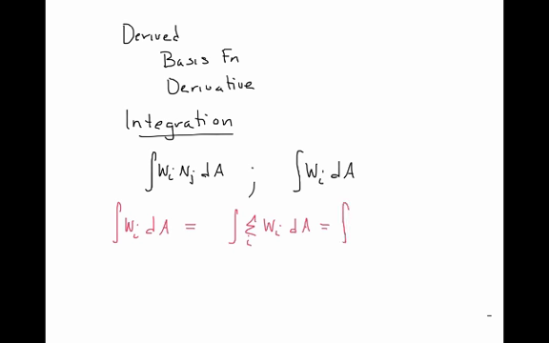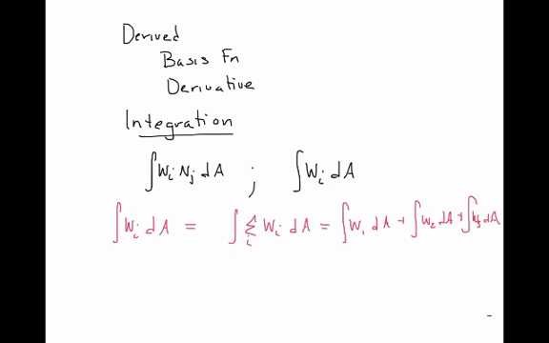So it's simply W1 dA plus W2 dA plus W3 dA. Remembering that we're using both I, J, K and 1, 2, 3 for our node numbering.